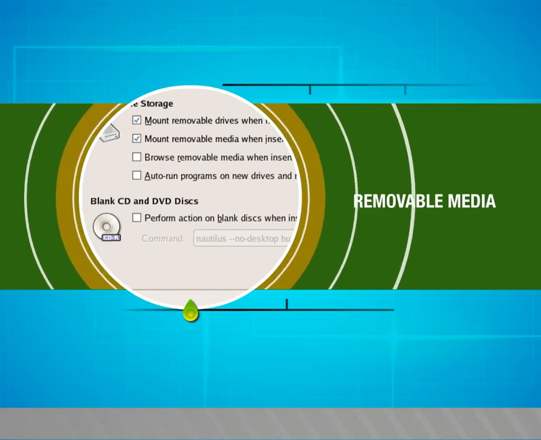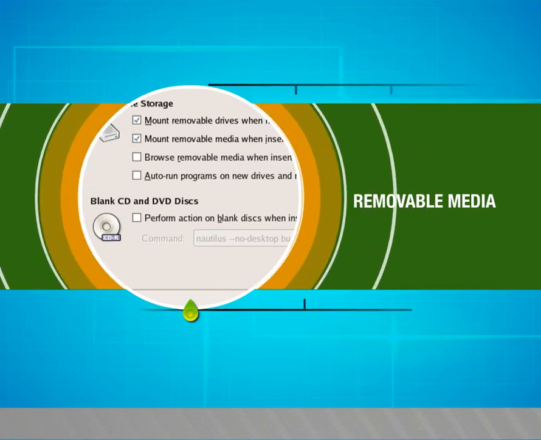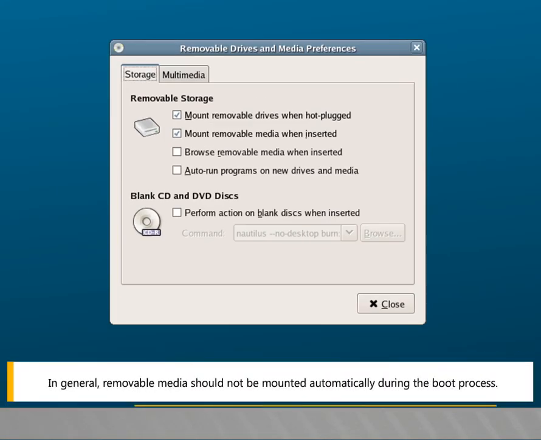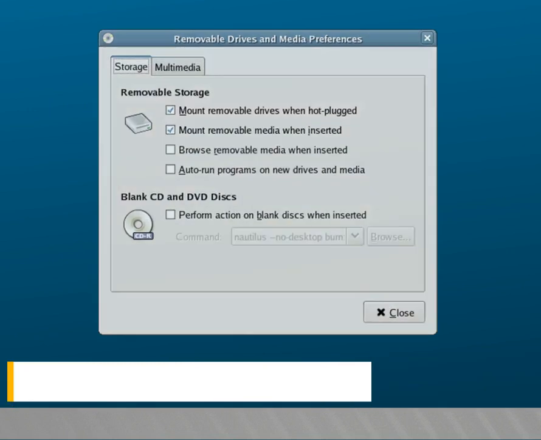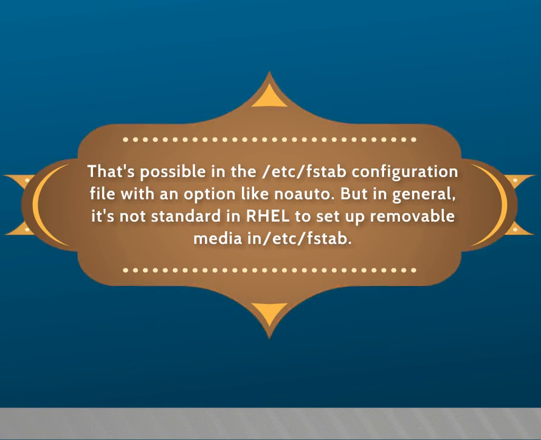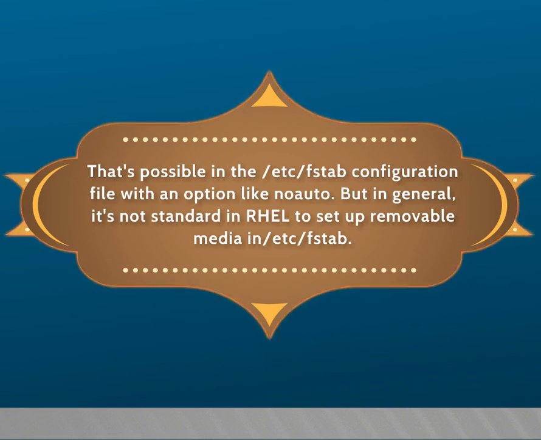Removable media. In this video, we are going to see about removable media. In general, removable media should not be mounted automatically during the boot process. That's possible in the /etc/fstab configuration file with an option like noauto, but in general it's not standard in RHEL to set up removable media in /etc/fstab.